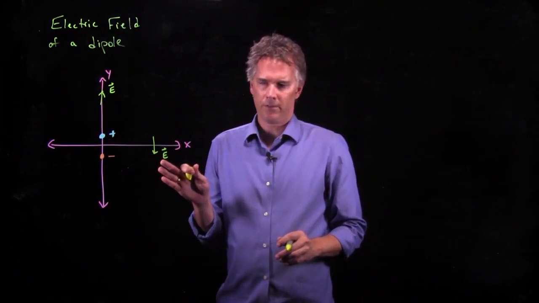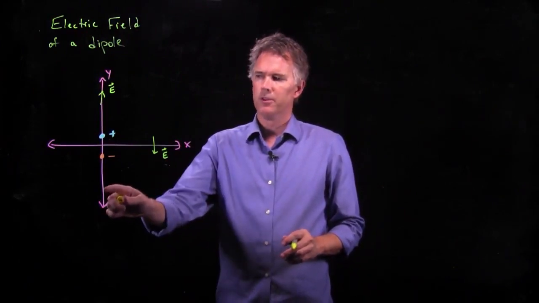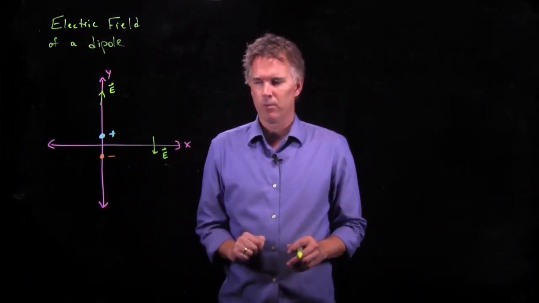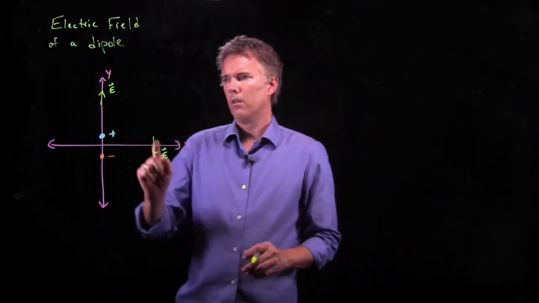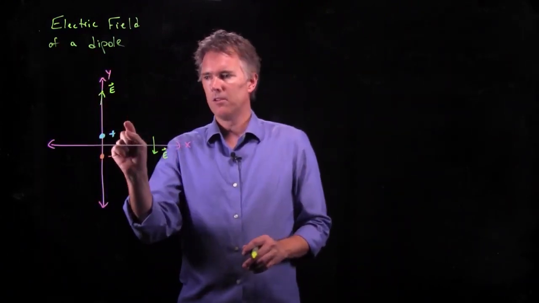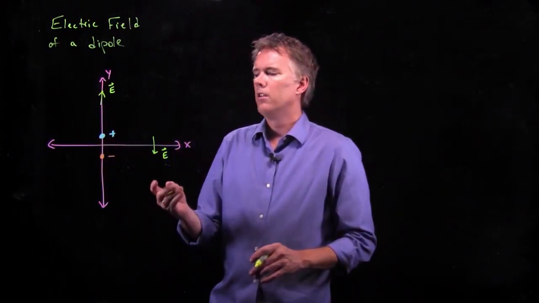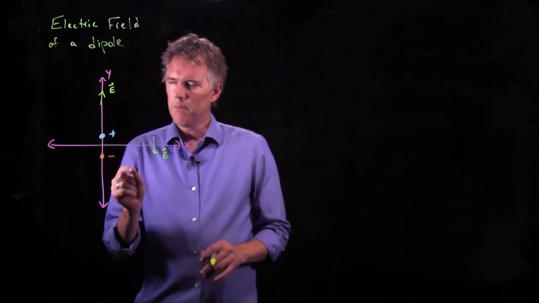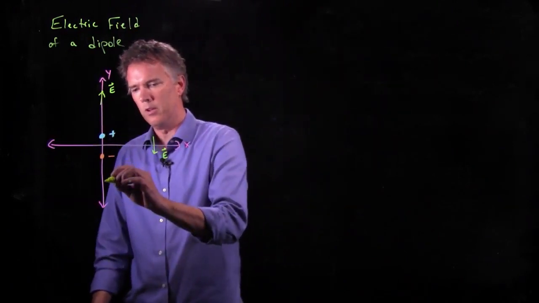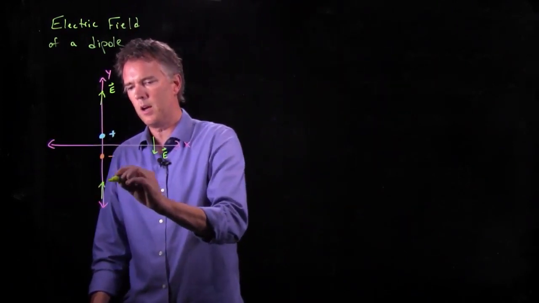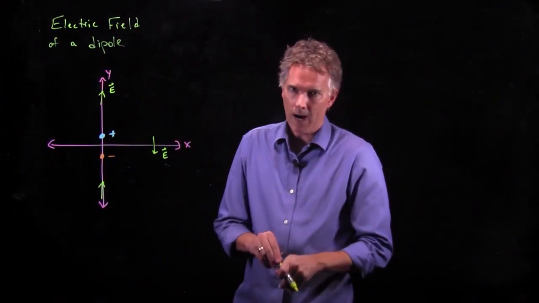Let's ask the question, what about the electric field down here at the negative y-axis? Well, this one was pointing up. Why? Because the positive charge is a little bit closer than the negative charge. So down here, it might make sense for that electric field to also be pointing up. Why?